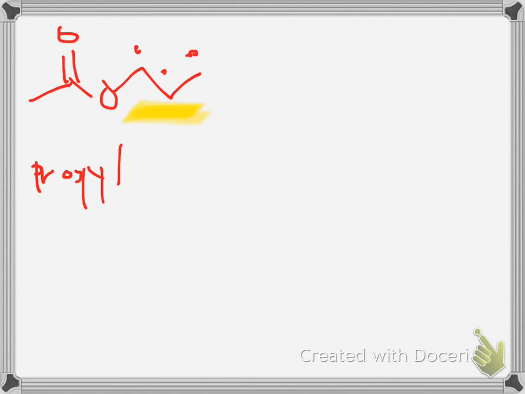Here, let me erase that and redraw. Now we need to name the acyl side. So first let's just think about what that means. Since it has 2 carbons, it would be called acetic acid.